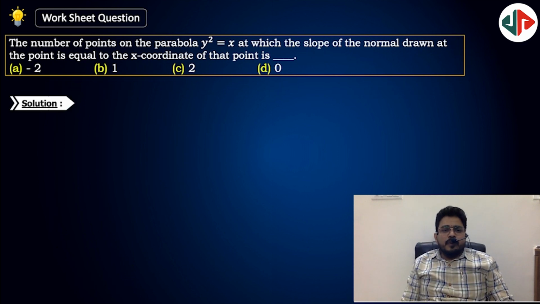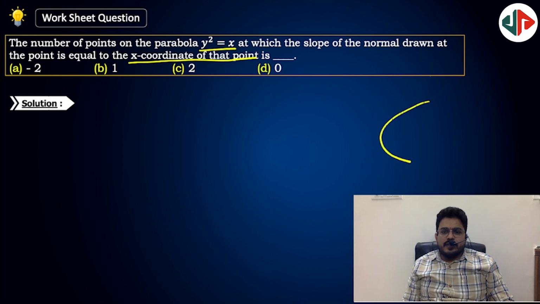If the number of points on the parabola y² = x at which the slope of the normal drawn at the point is equal to the x coordinate of the point. Number of points on y² = x at which the slope of the normal... So what is the slope of the normal? Let us look at 2y y' = 1.